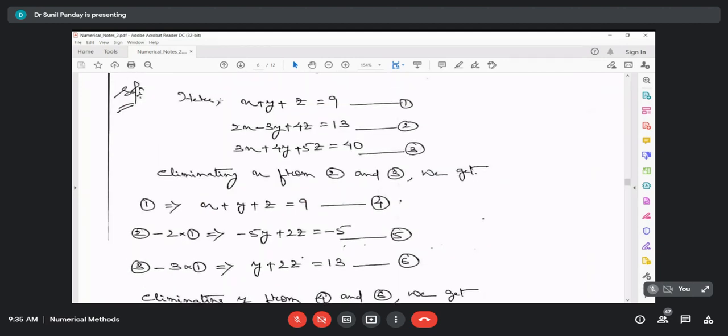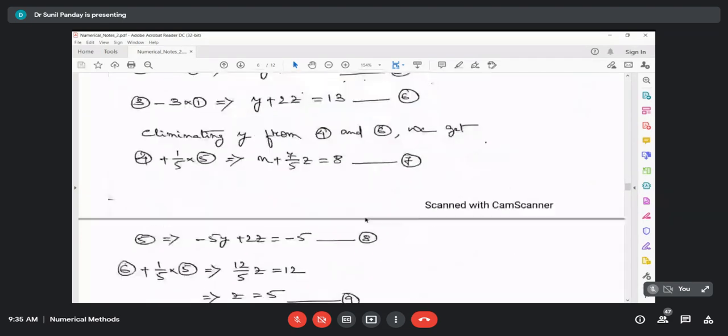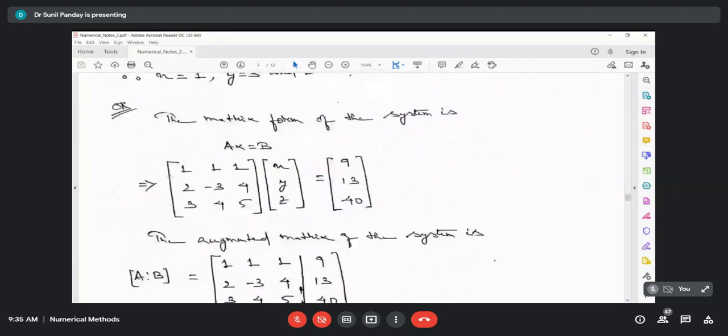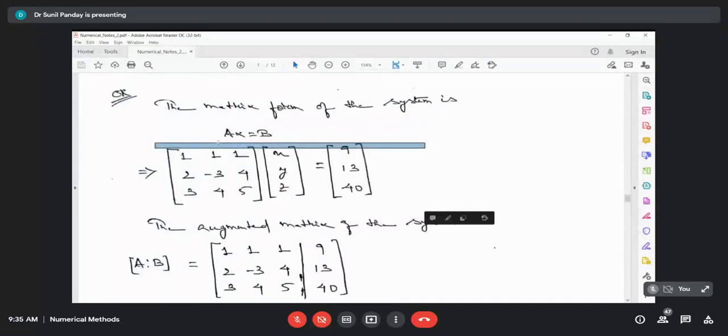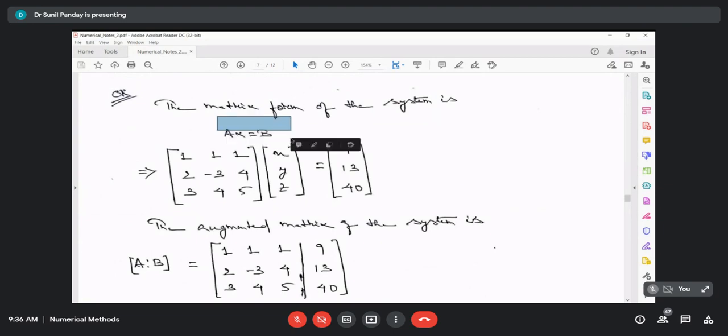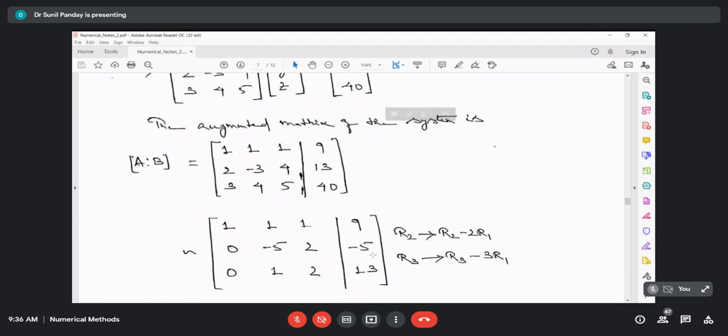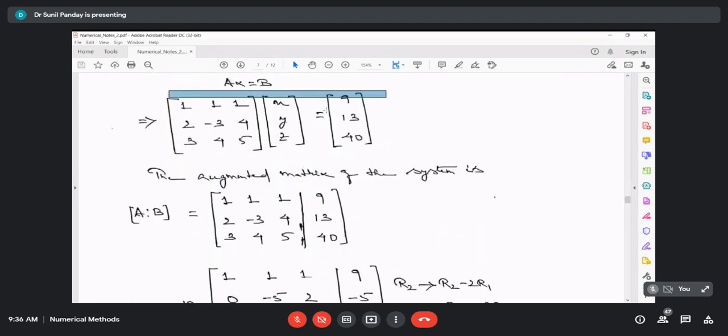So I write these three equations into the corresponding matrix equation, this one. This is the matrix form of the system of equations, and then I write its augmented matrix. Augmented matrix is this, where this matrix is B. So A, a vertical dotted line, and then matrix B, and this is our augmented matrix.